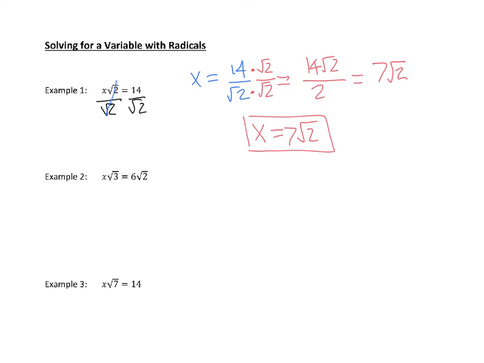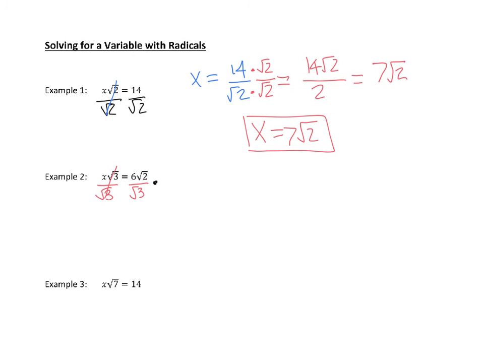Let's look at another problem. Example 2. Similar concept. Got to get x by itself. So this is x times square root of 3. So to get rid of that square root of 3, I got to divide it. What I do to one side, I know I do to the other side. Those cancel out, and I'm left with 6 square root of 2 over square root of 3. Cannot have the square root at the bottom.